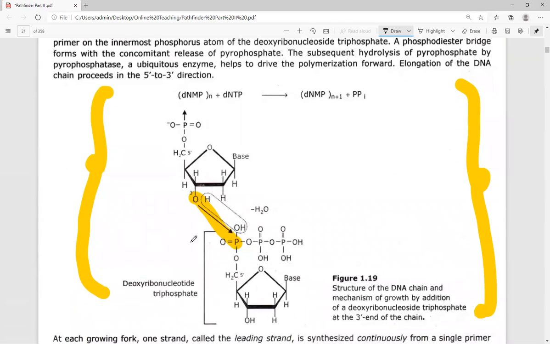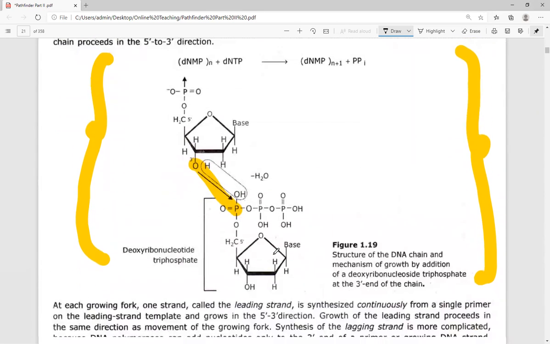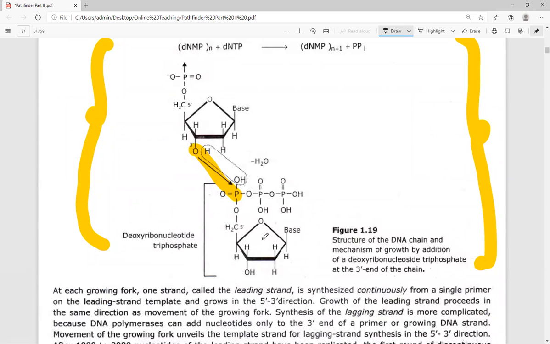Now, in the case of elongation, I have already told you that nucleophilic acyl substitution takes place. There is an incoming deoxyribonucleotide triphosphate. This incoming deoxyribonucleotide triphosphate will be attacked by the pre-existing nucleotide which provides the 3 prime end of the DNA molecule.